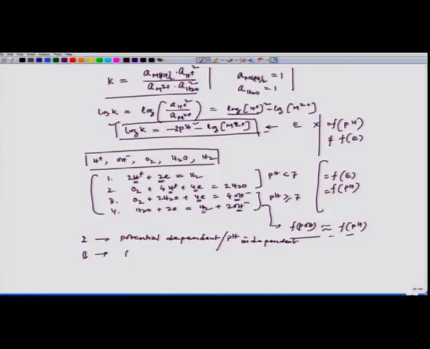Second type is potential dependent and pH dependent, and the third type is potential independent and pH dependent. So, these three would allow us to find out a Pourbaix diagram.